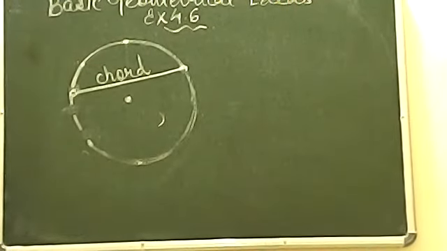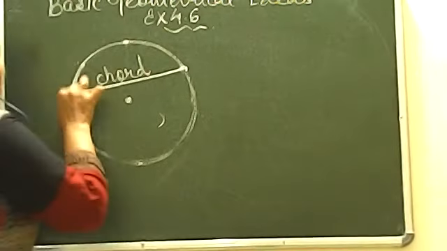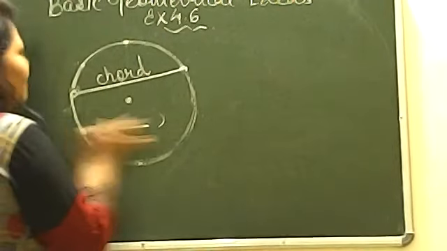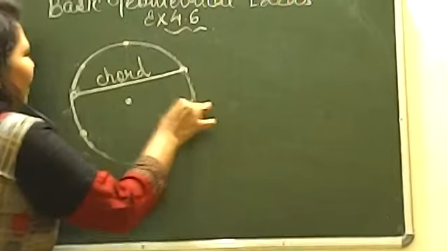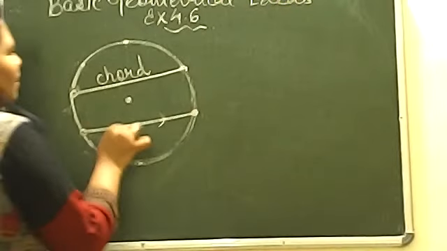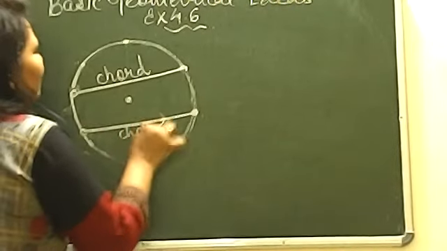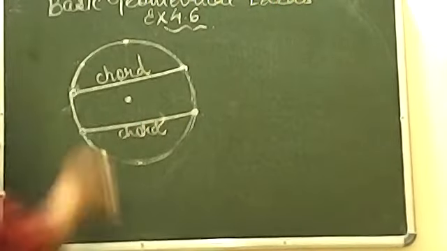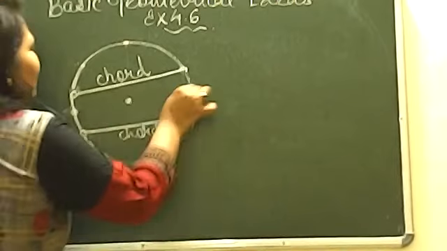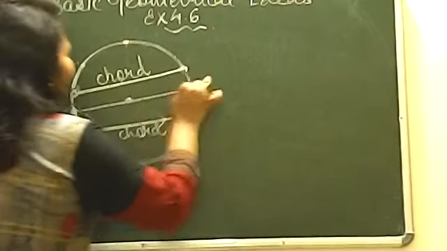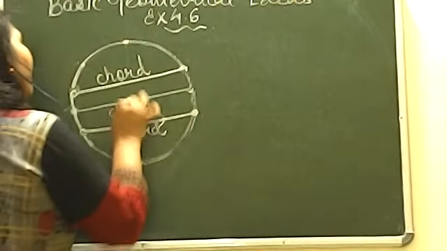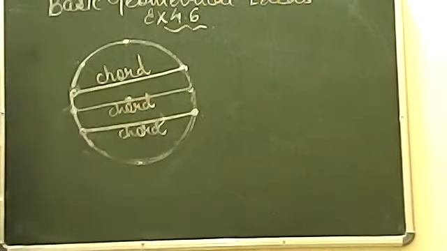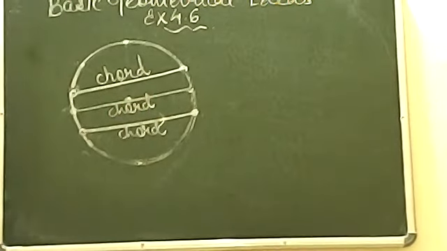Once again telling you, when you have 2 points on circumference and you join them, you get a line segment that is known as chord. These all are chords only beta. ये सारी chords हैं जो हम draw कर रहे हैं. All are chords only. ठीक है.